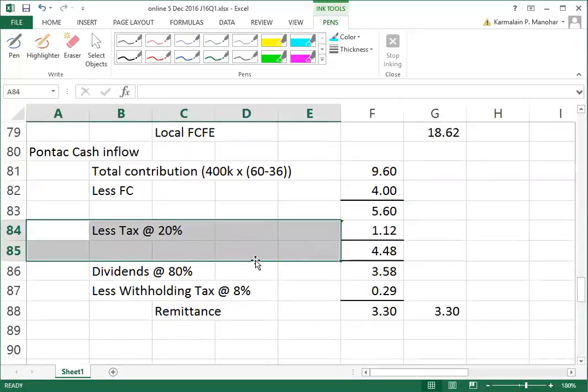So the idea here, go ahead, Stacy, show us the light. Why is it not that? What do we have to do with this tax treaty? Additional tax on the remittance.